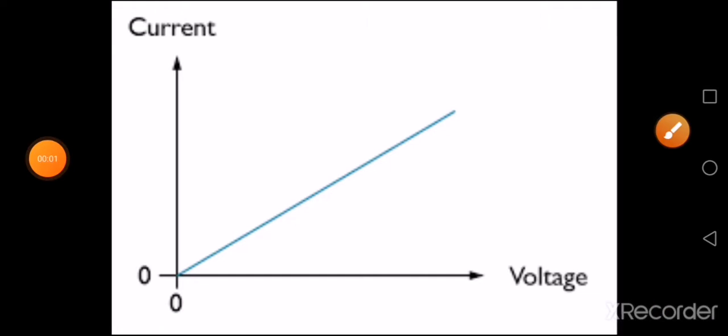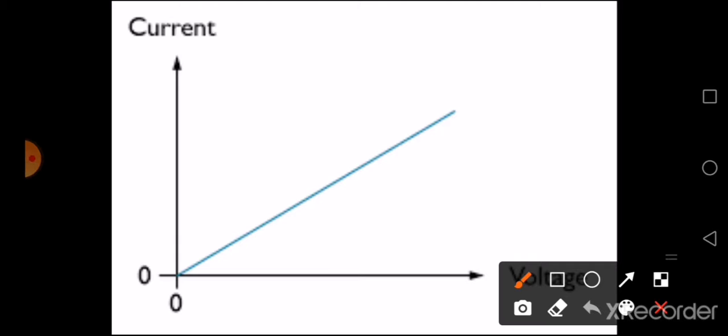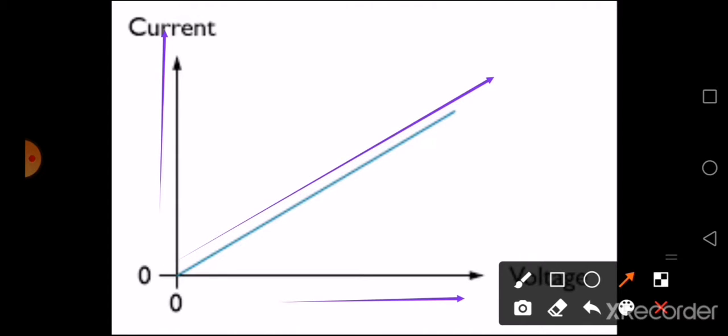Now here is the IV graph for Ohm's law. I, you are going to take across your y-axis, and V, potential difference, you are going to take across your x-axis. Now if so, you are going to get a straight line like this. This graph you call the IV graph for Ohm's law, right?